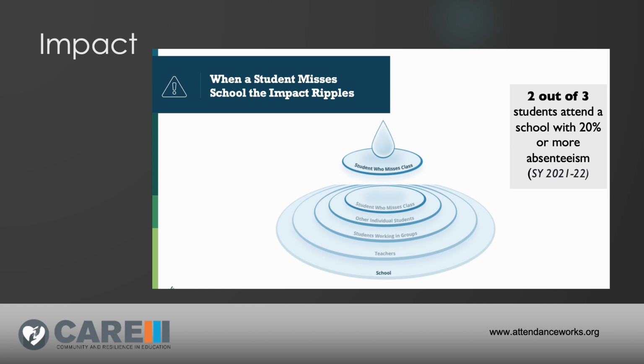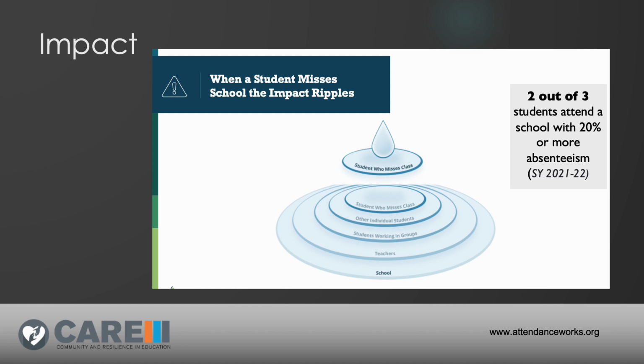It impacts student groups. So if we think about work groups and the collaboration that we want our students to do together, it impacts that. And there's higher workloads on the students who are in class, and there's less collaboration available when students are missing school. It can have an impact on our teachers.